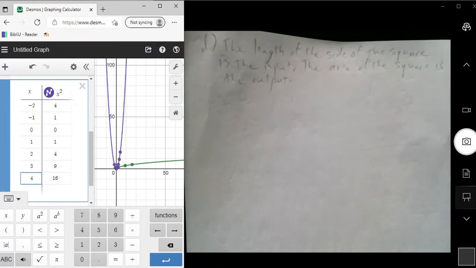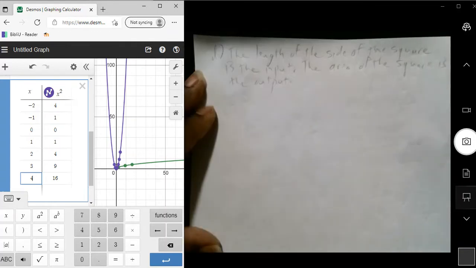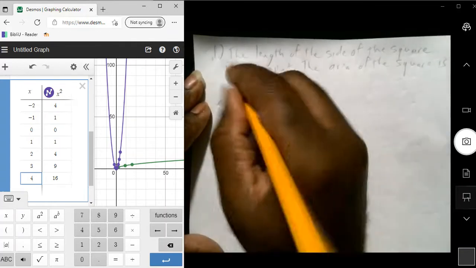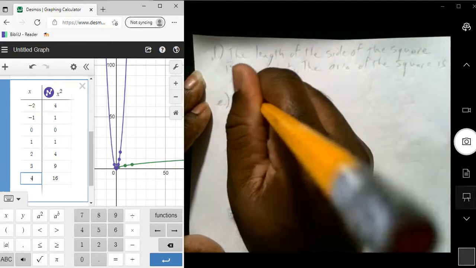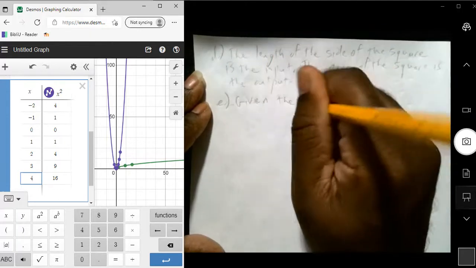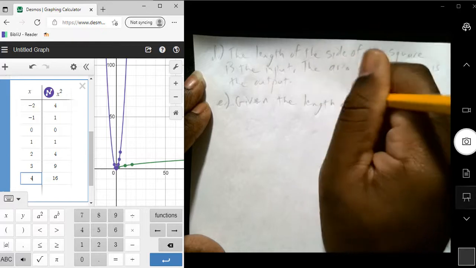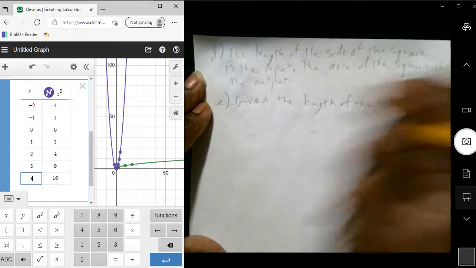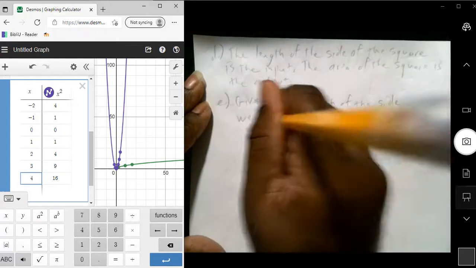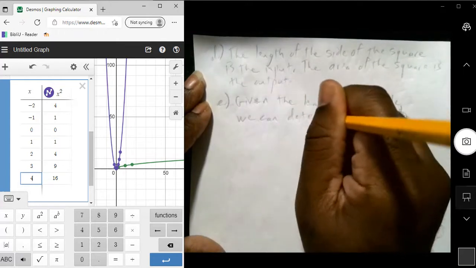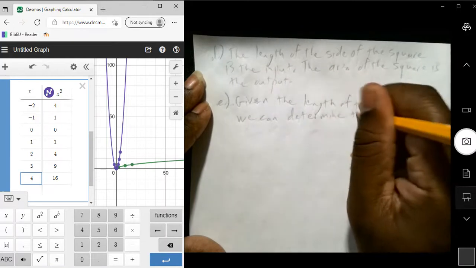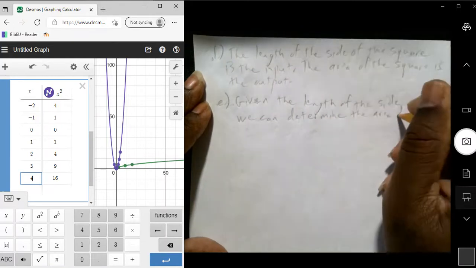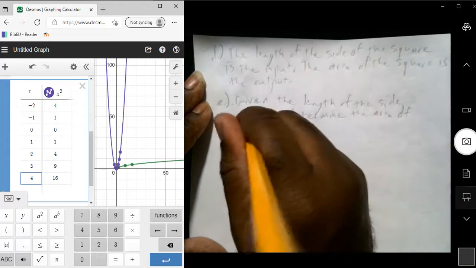Okay, now E. Would f inverse ever be useful in this situation? Yeah, it would be. That's if we're given the length of the side, we can determine the area of the granite top.